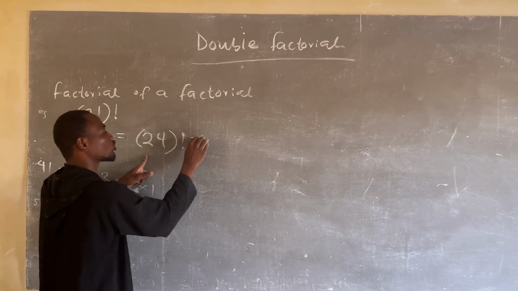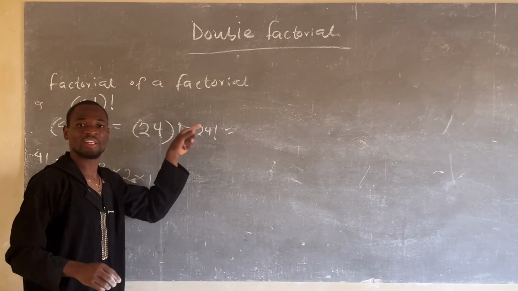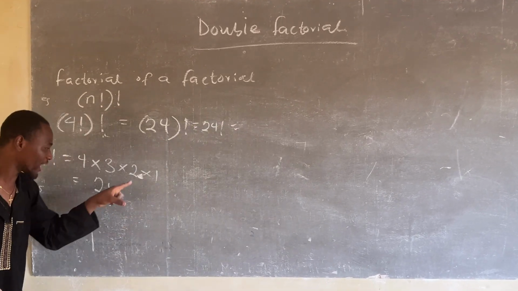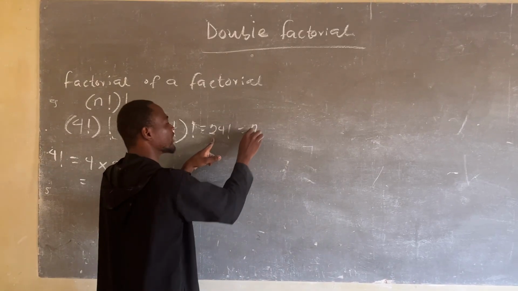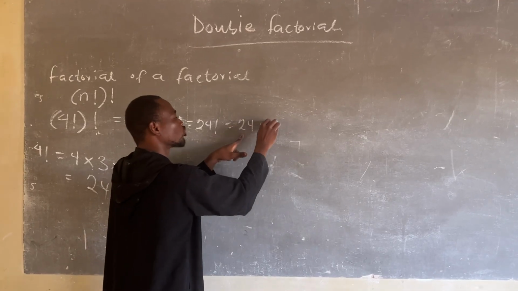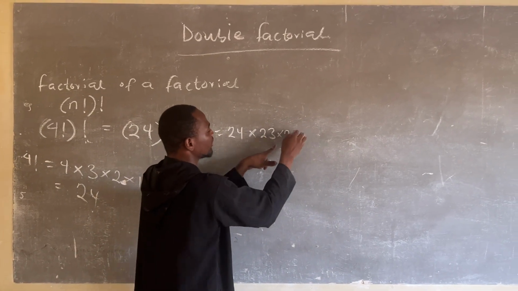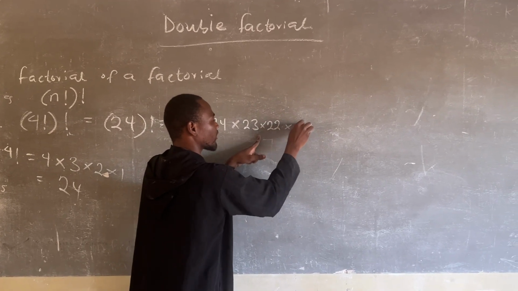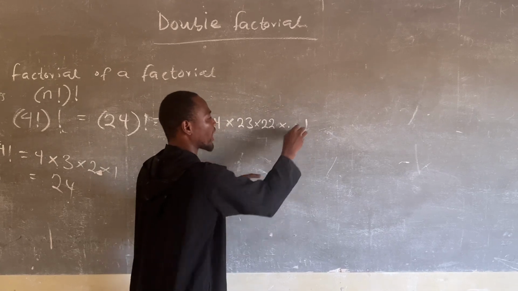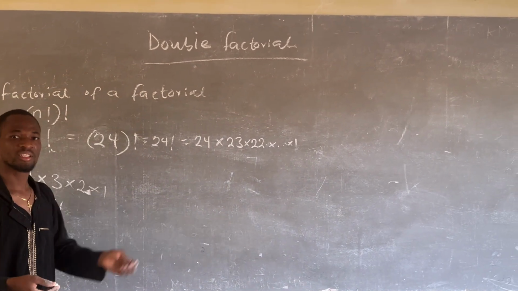So this is the same as 24 factorial. So you subtract 1 from it till you get to 1. Then you stop at that point. So I'm having 24, then times 23, then times 22, then in this regard I get to 1, times 1. Then I stop eventually.